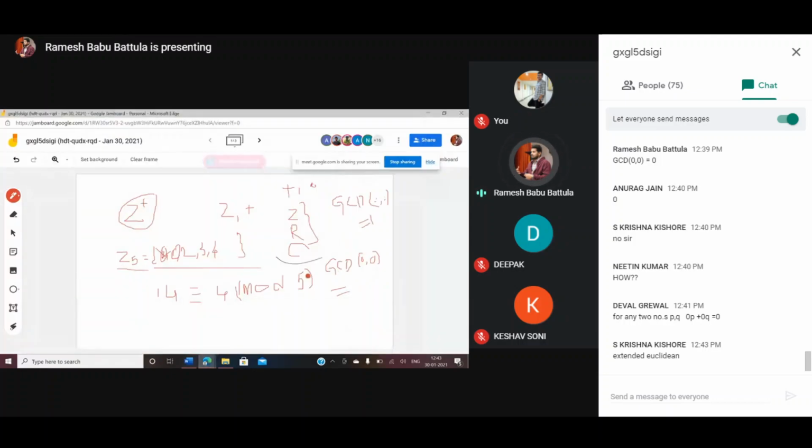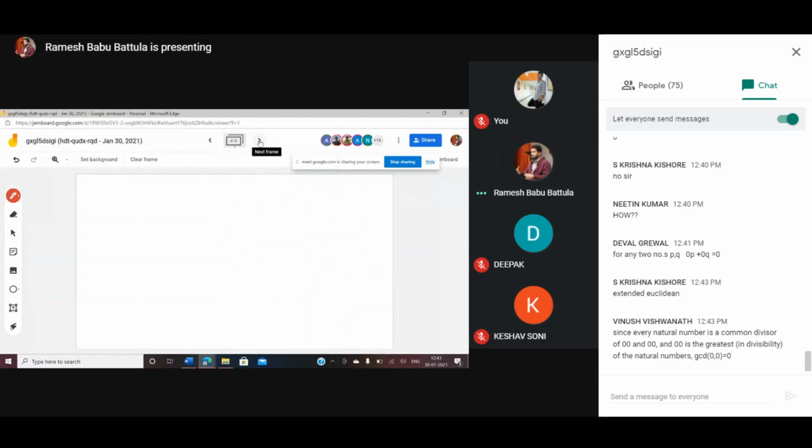I will explain that so that you get to know how to solve this. Come to my whiteboard, then I will write. Suppose you have GCD of A comma B that I want to find. Then you write: if B equals 0, then A is the answer.